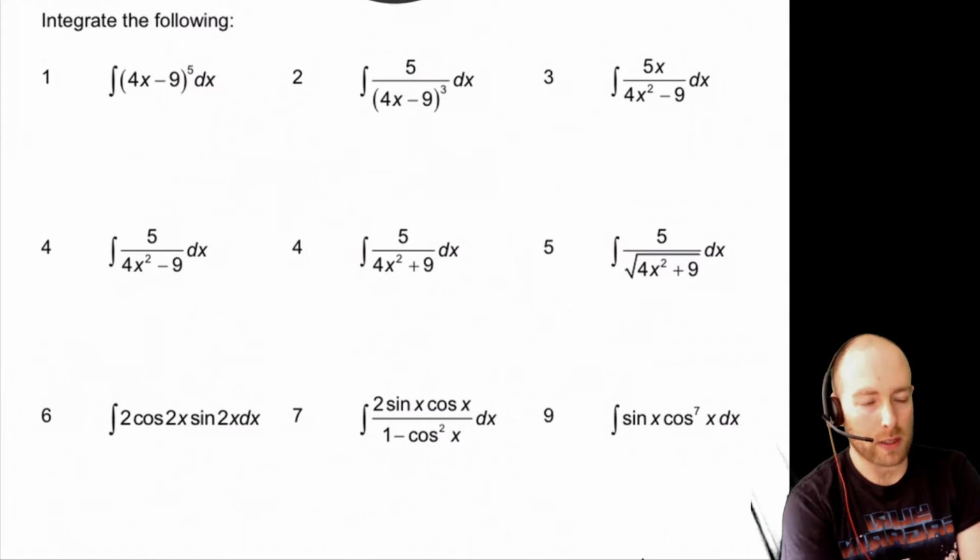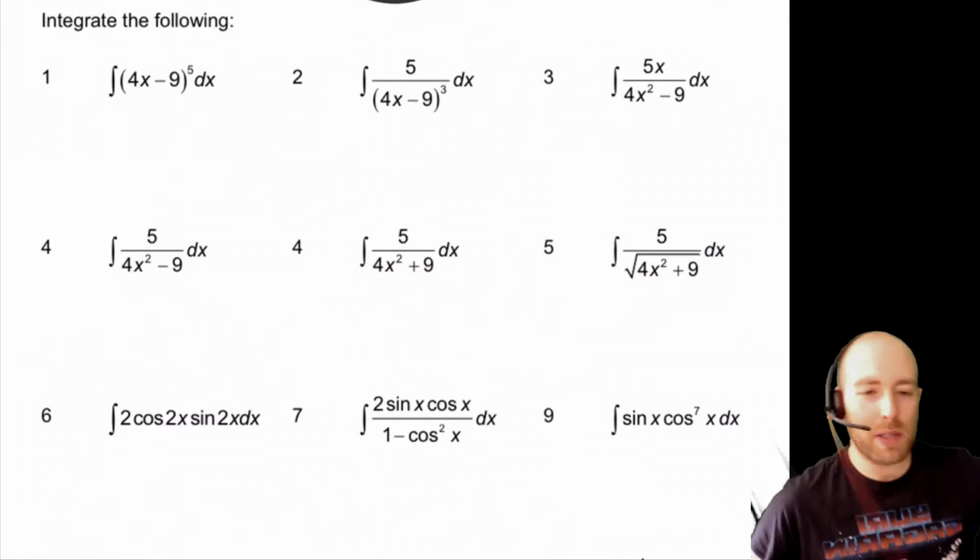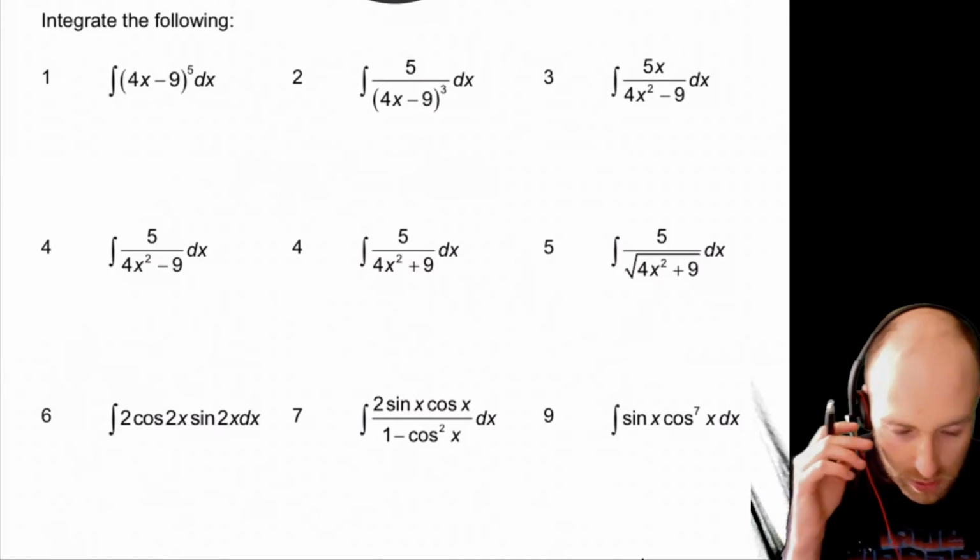The bottom does not factorize. We could try a substitution. I don't know what's going to happen, but why not? Let's dive in and try a substitution.